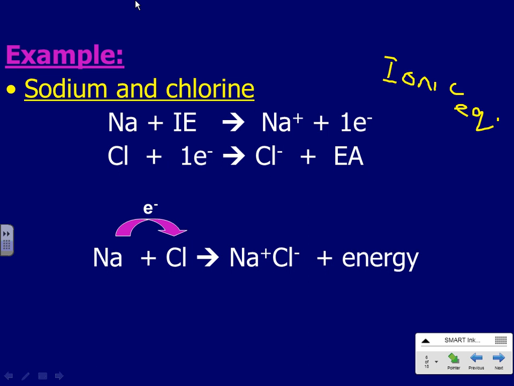And these are the exact ionic equations we would have talked about in the previous chapter. Sodium has some energy added to it, removes an electron, leaves a sodium plus ion. For chlorine, an electron is added, makes it become chloride, and some energy is given off.